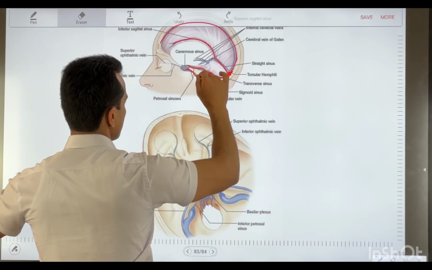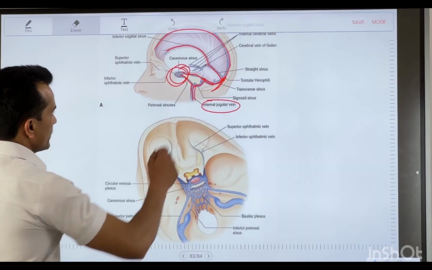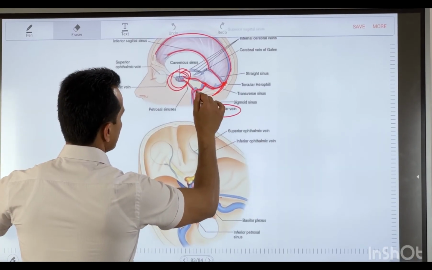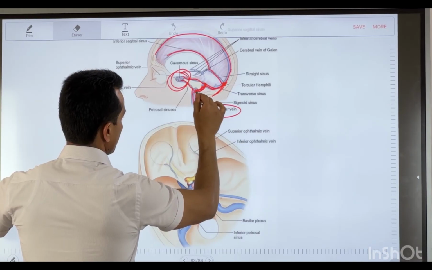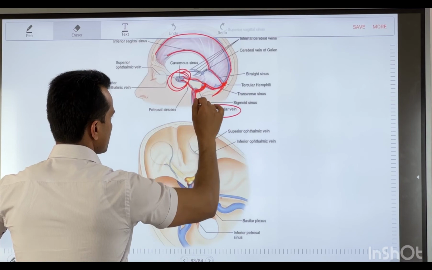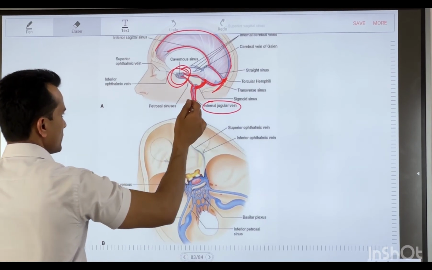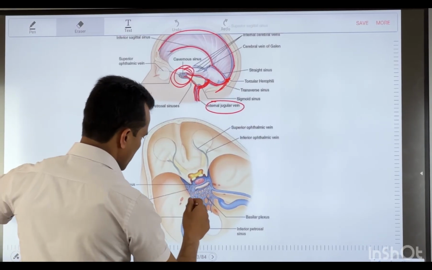I have told you the inferior drains into the sigmoid sinus. Here you can see this is the sigmoid sinus, this is the transverse sinus, and the transverse sinus is meeting with the superior petrosal sinus, then the sigmoid sinus is meeting with the inferior petrosal sinus, and it continues as the internal jugular vein through the jugular foramen.